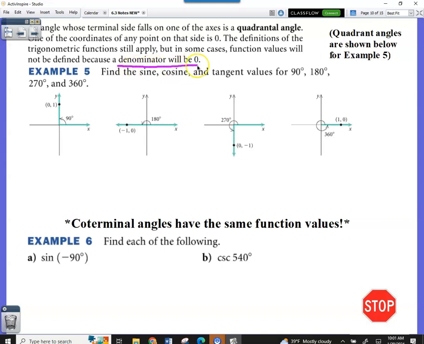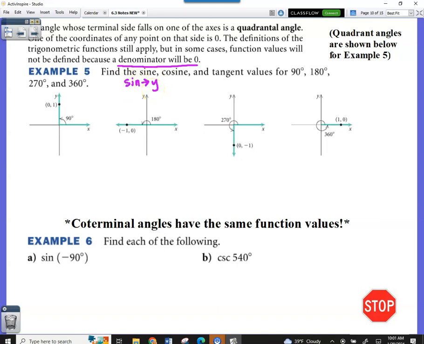All right. So what I was trying to underline is that sometimes when you're doing the sine, cosine, tan of a quadrantal angle, you end up with 0 in the denominator, which means you cannot actually evaluate it. It does not exist. All right. So let's look at this. Sine refers to the y coordinate.